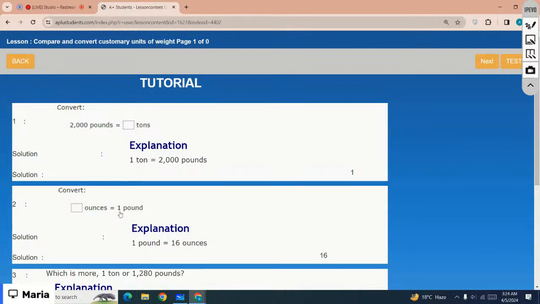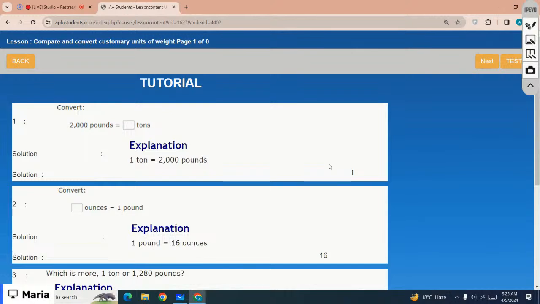The second one is, 1 pound equals how many ounces? So in 1 pound you have, yes, 1 pound equals 16 ounces.